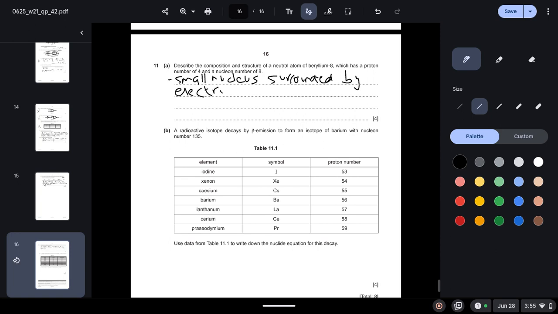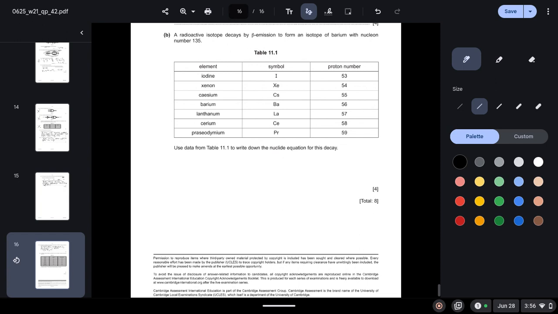The electrons are also in orbit. And for proton number, it will have 4 protons, and you know that proton and electron number is the same, so 4 protons, 4 electrons and 4 neutrons.